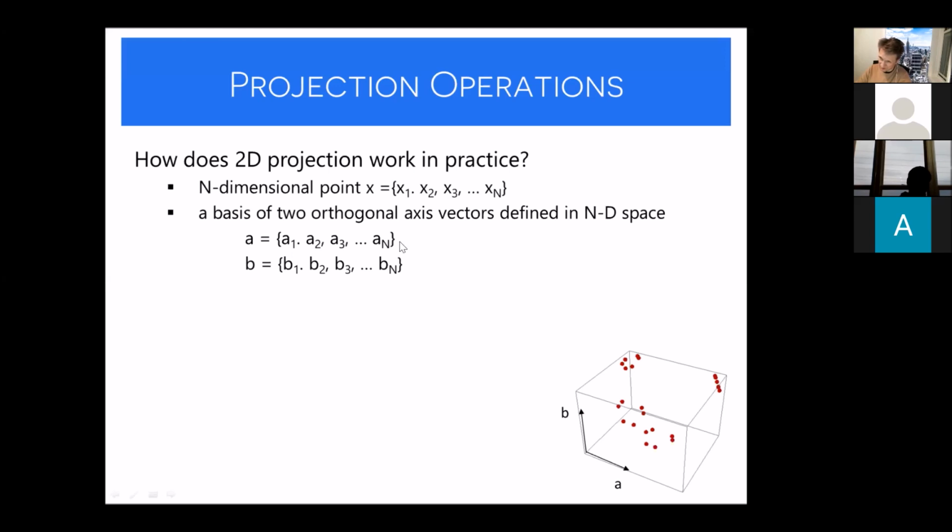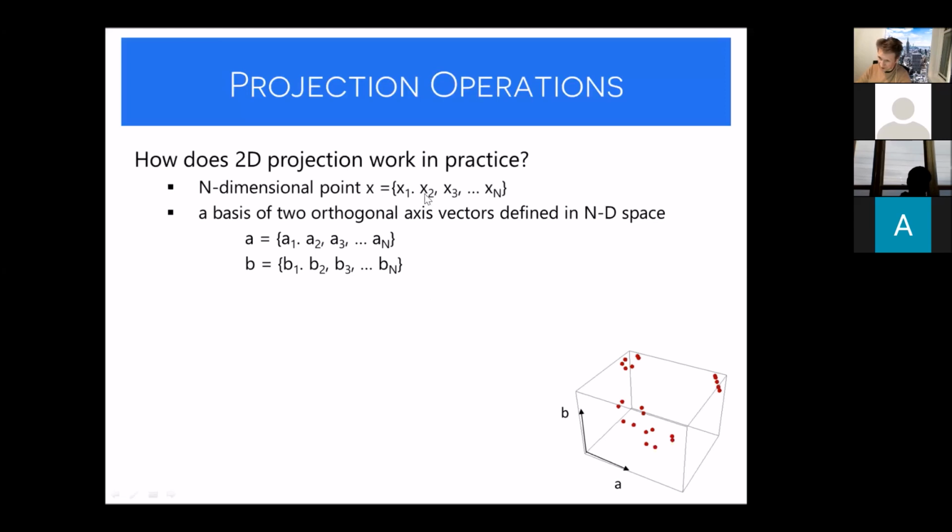If it's a simple axis vector, only one of the values is 1, because it's the one that is the axis, the dimension itself. A1 could be weight, B2 could be horsepower, then this will be 1 and this will be 1 and everything else will be 0.